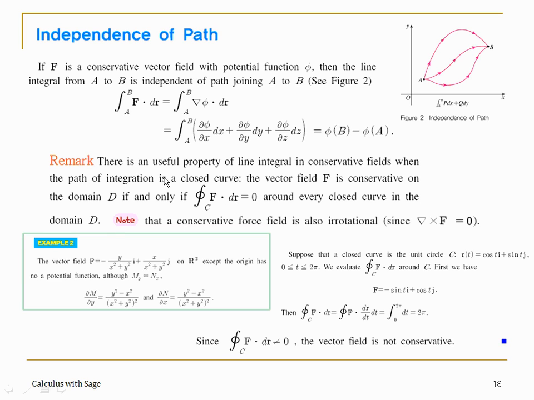So the vector field is conservative on a domain if and only if the integral of F dot dr is equal to 0 around every closed curve in the domain D.